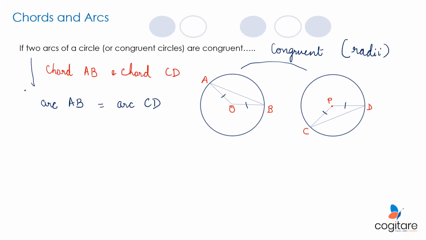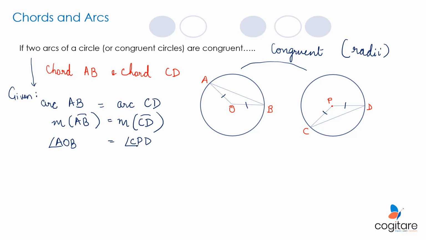We discussed in the previous slide that whenever two arcs overlap or are congruent, the measures of these arcs are equal, where m is the measure.